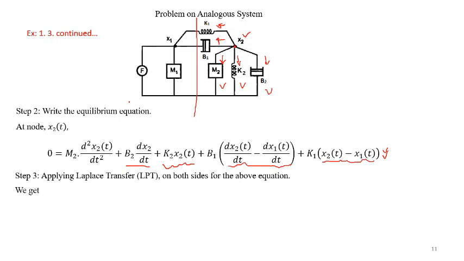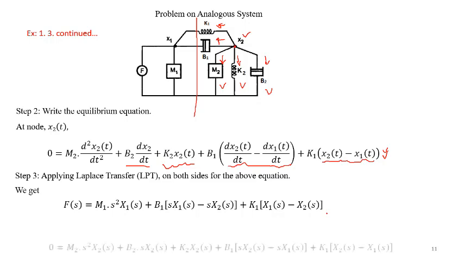Next we have to apply the Laplace transform on both sides of the governing equation. We get f of s equal to m1 s square x1 of s plus b1 s into x1 of s minus s into x2 of s plus k1 x1 of s minus x2 of s. That is for equation 1, at node 1.